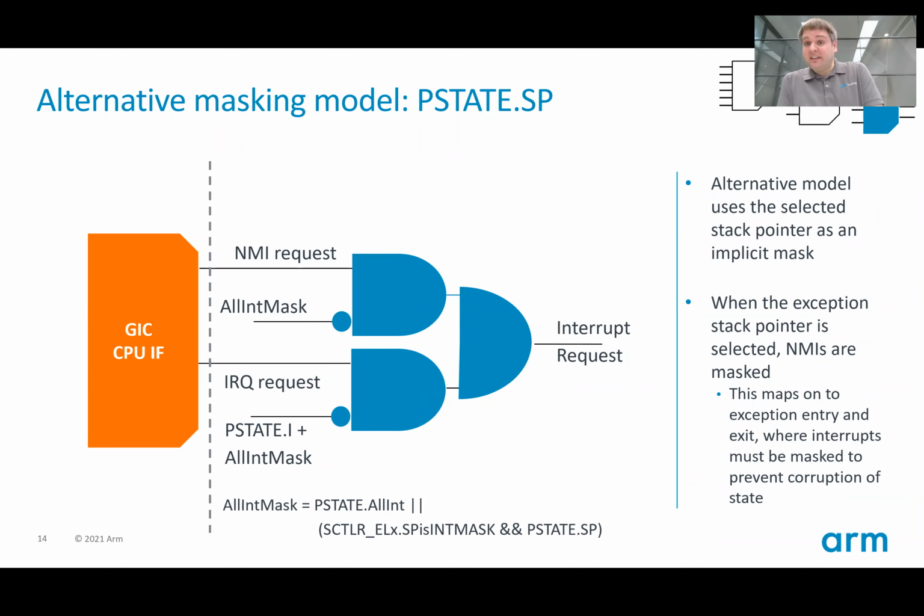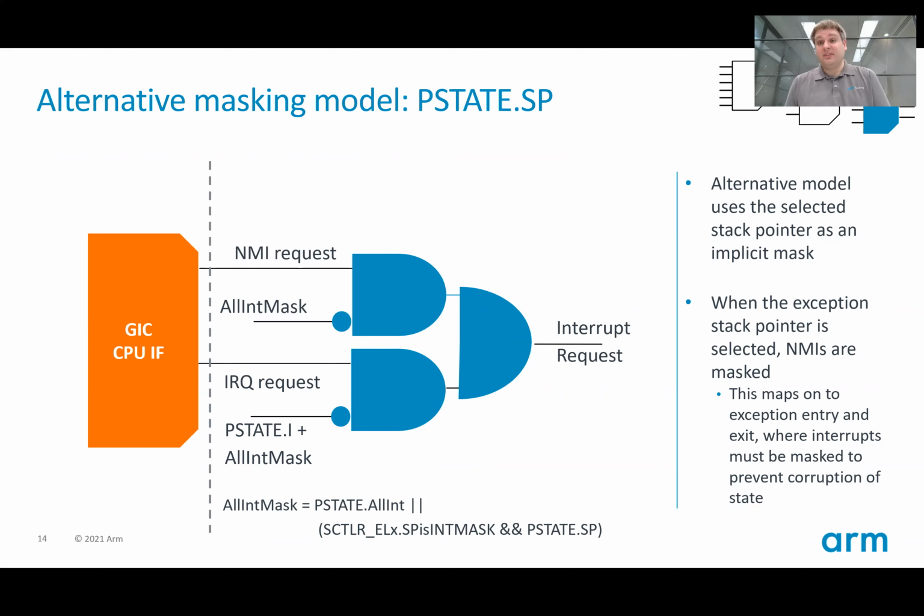We have a second mode available in NMIs, which you can select. What this does is to use the selected stack pointer as an implicit NMI mask. Remember what I said about an example of where you want to mask interrupts is on entry and exit, so that you don't corrupt your return state.